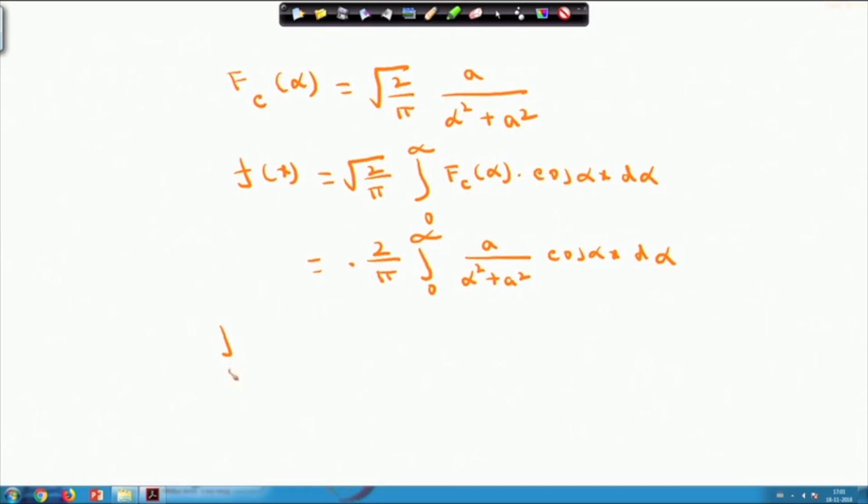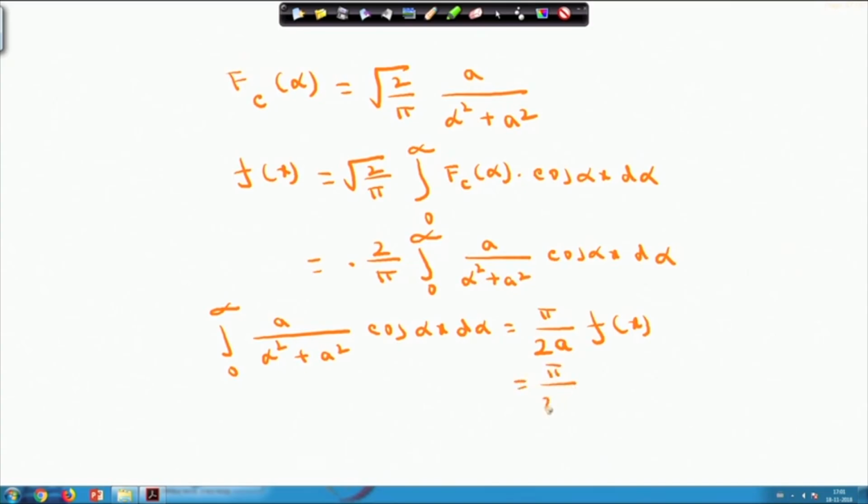So, the value of the integral 0 to infinity a by alpha square plus a square into cos of alpha x d alpha is equal to pi by 2a, pi by a will come outside, so pi by 2a into f x, and your f x is nothing but e power minus a x. So the value of the given integral will be pi by 2 into e power minus a x.